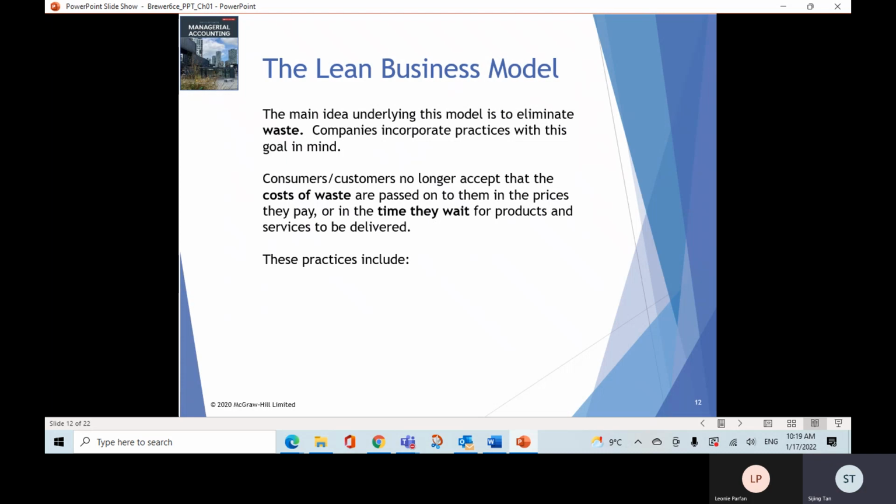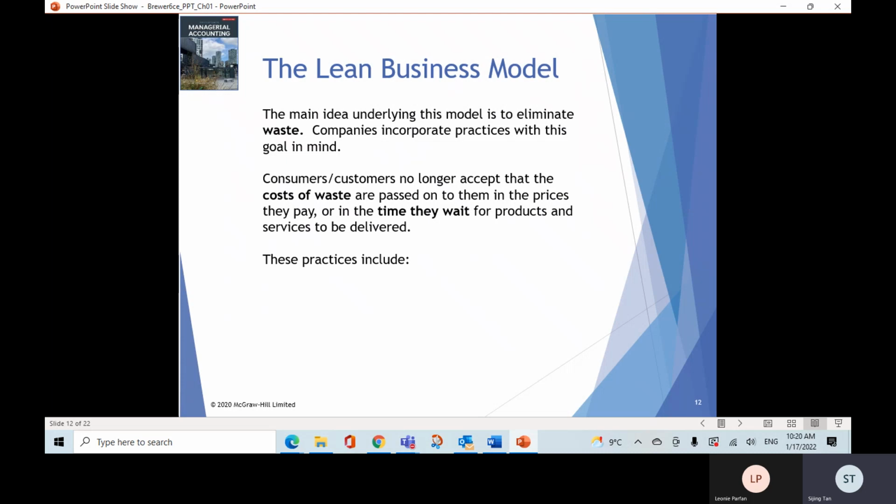Now, the lean business model. Due to competition from around the world, companies have adopted different improvement programs to ensure that they produce better products or deliver better services. These improvement programs we call the lean business model. The main idea underlying this model is to eliminate waste.